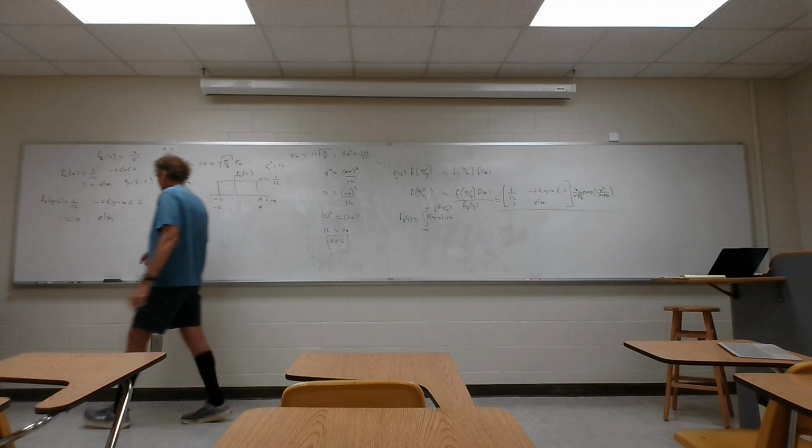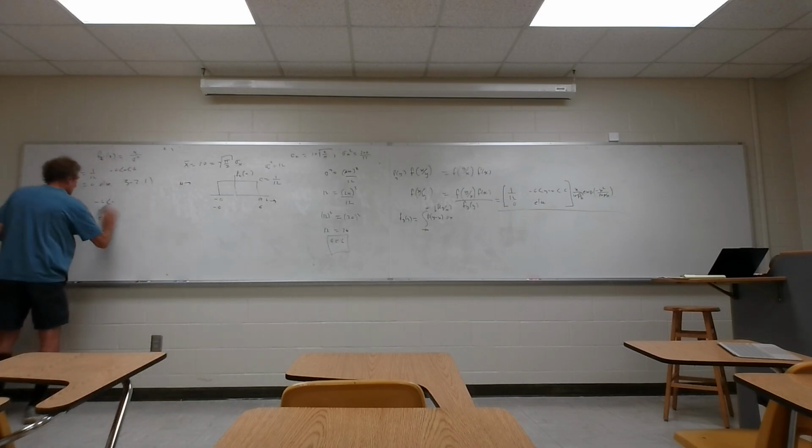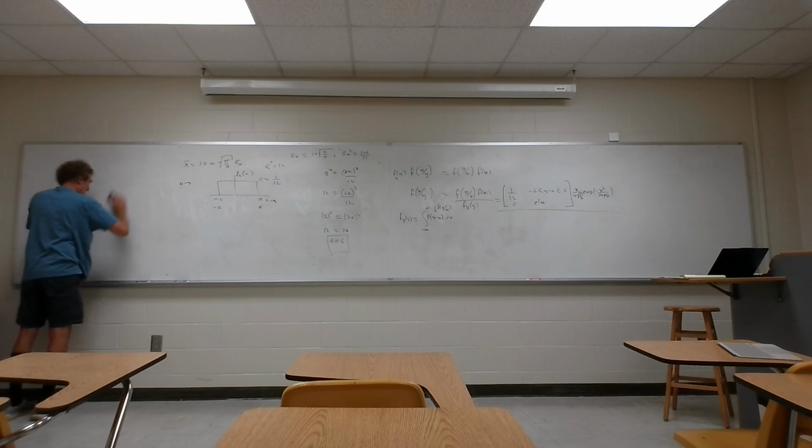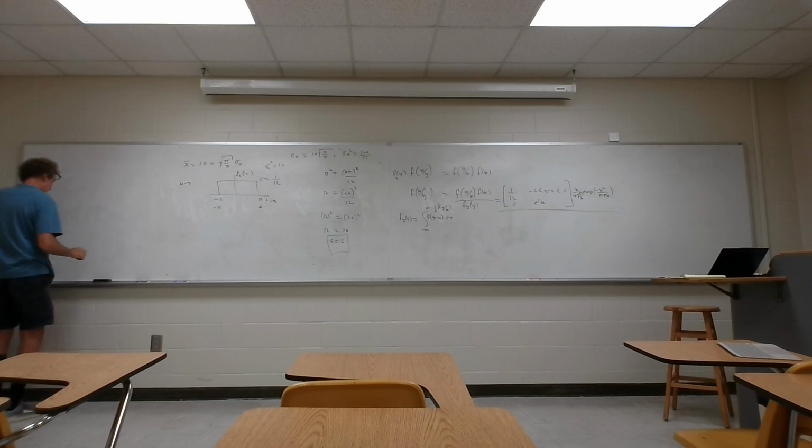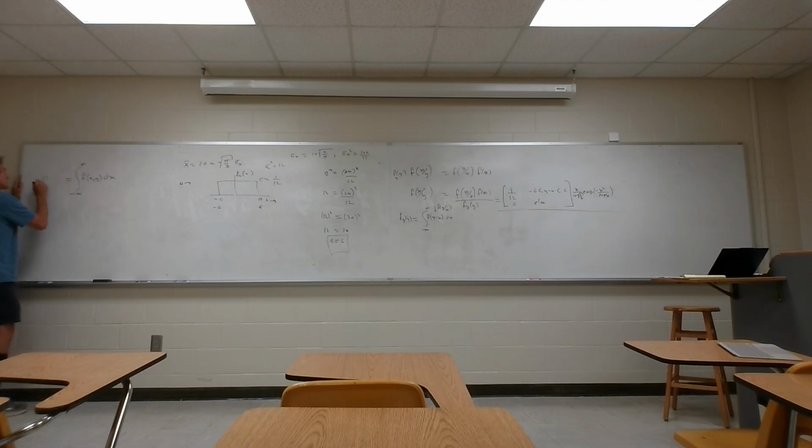The whole idea is this: if you have a joint density function of x comma y, and you integrate it dx from minus infinity to infinity, then you're going to get just f of y. And I think we're clear on that.